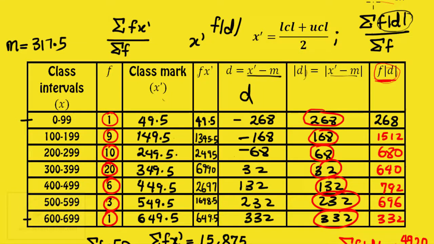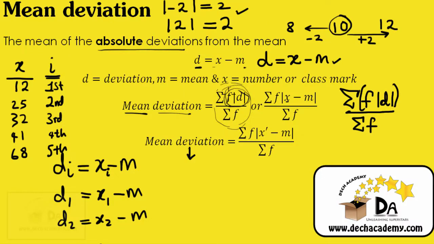Just simply using this formula. And if I go back to the original expression here, as you can see, the frequency times the absolute value of the deviations divided by the sum of the frequencies. These are just other forms of it.